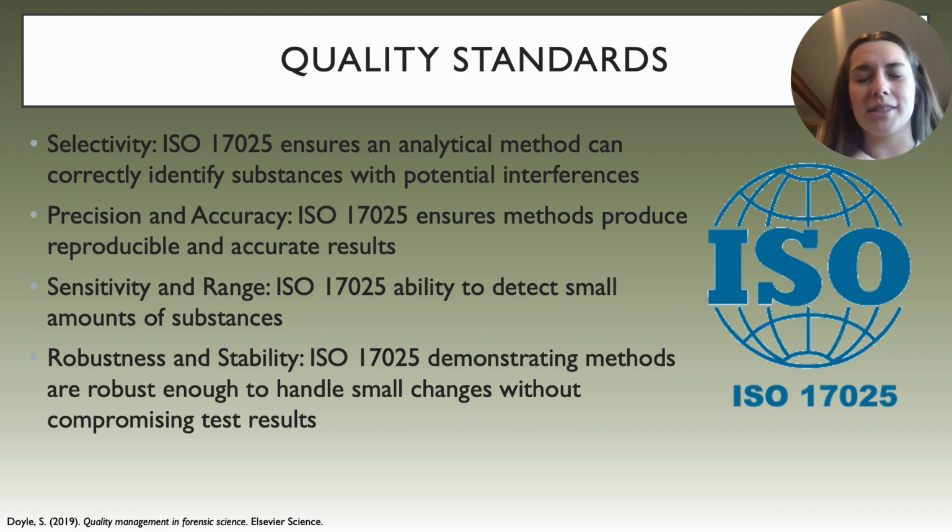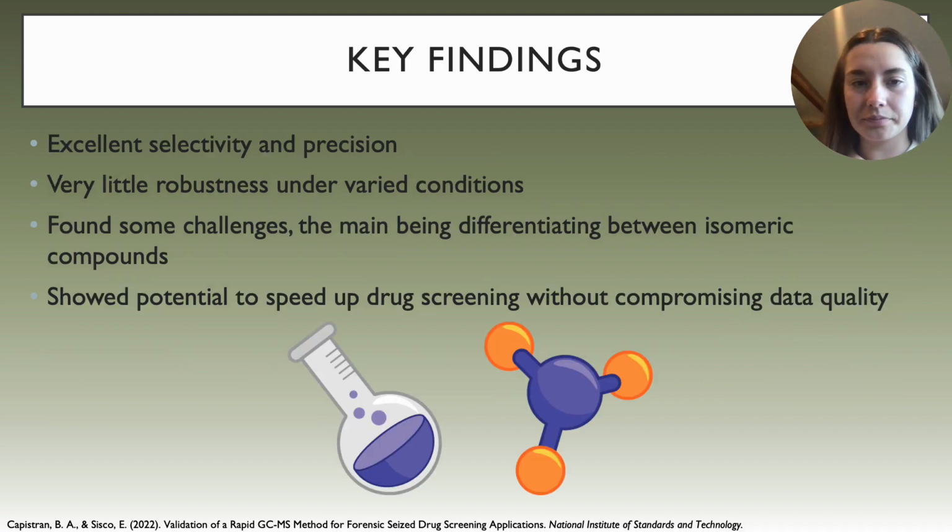And so being able to take a very, very small quantity of something and put that in solution and being able to test whether that substance is present is extremely important. And lastly, the robustness and stability demonstrates the methods are robust enough to handle very small changes such as concentration or density or anything like that without compromising the test results.